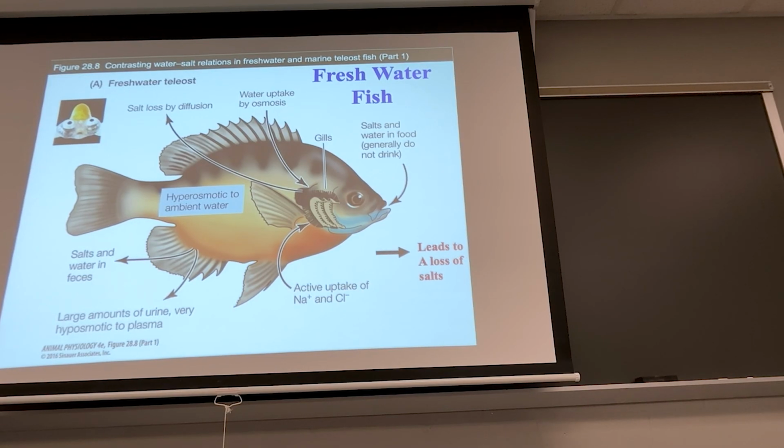But their gut is also pretty impermeable to water. That is, they don't move a ton of it, or try not to when they're digesting food. They don't need to drink water because their gills are like a water sieve. Water just pours into their gills because they're exchanging gases there, right? So the epithelium is quite thin. And so they're always taking on water. And if we don't do something about that, we're going to dilute the body fluids, right? Which we don't want to do.